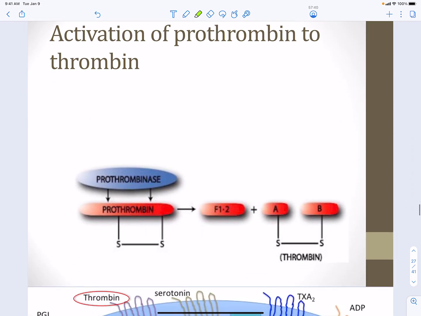Now, activation of prothrombin to thrombin, you're going to have a prothrombinase complex.